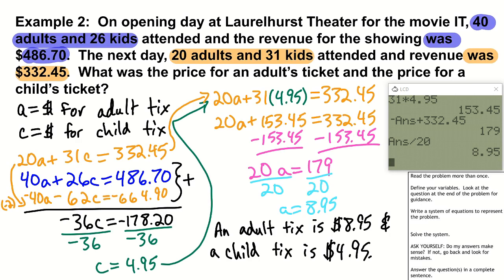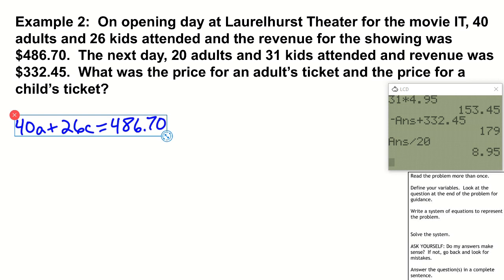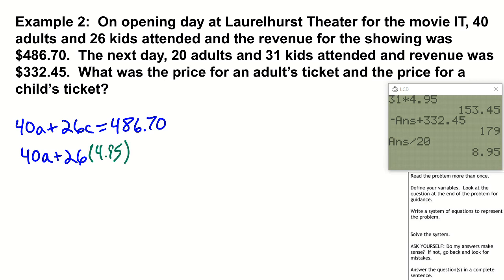So you took this 40A plus 26C here, and you put in 495 for the child's ticket, right? So you have 40A plus 26 times 495 is equal to 486.70.